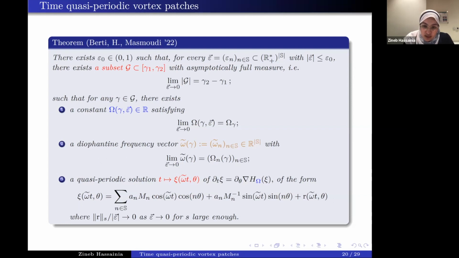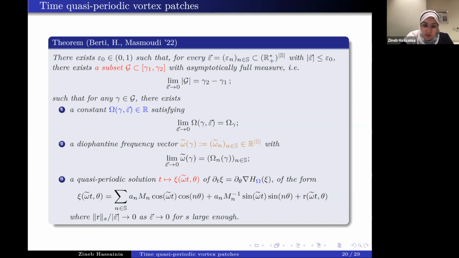This solution is a small deformation of the linear solution, and the deformation can be seen through the frequency vector omega and also through the remainder R, which is very small compared to the linear part.